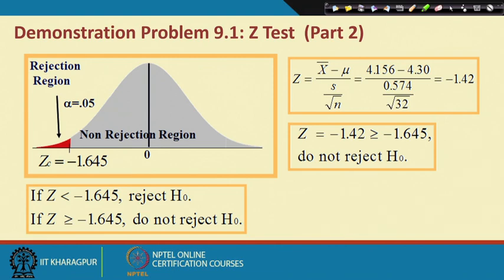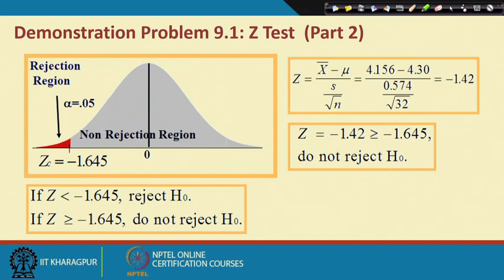1.645, and in this case, on the basis of the information, your x bar, that is called the sample statistic, is coming 4.156, and the population parameter is given as 4.3, that is nothing but the mu specification, and S is given as 0.574 and n is given as 32.